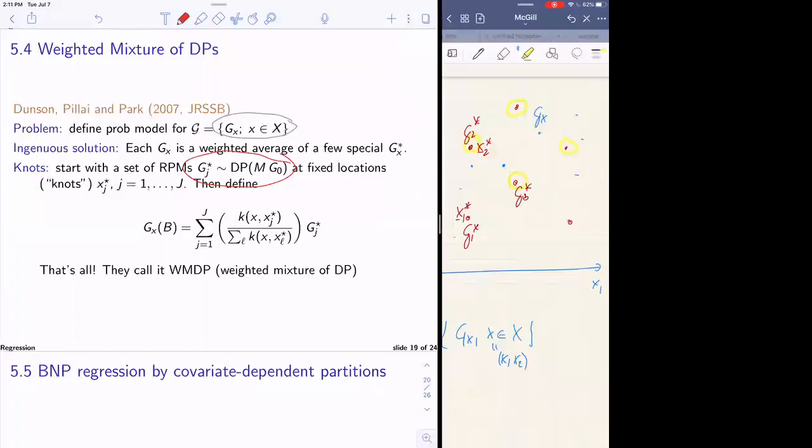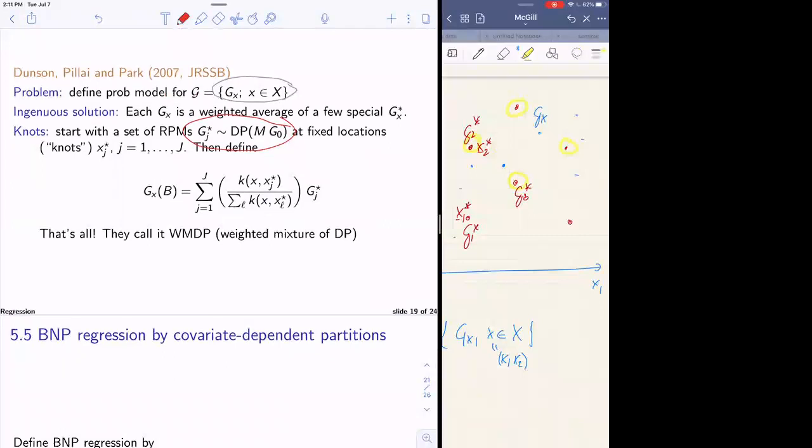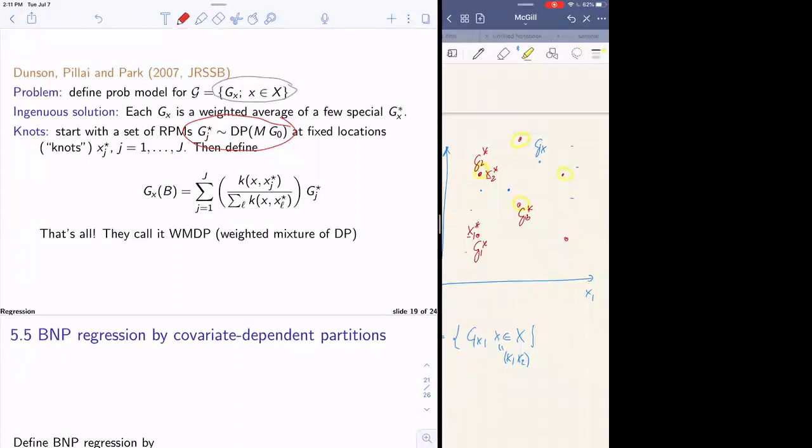That's it. So that just spells out what I had in the picture on the right side of the slide.